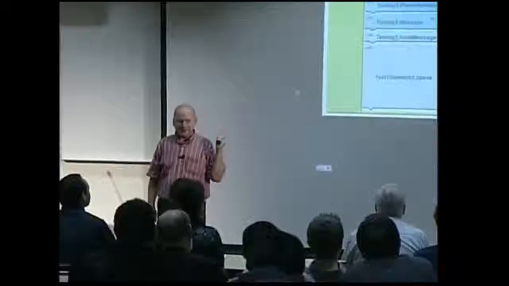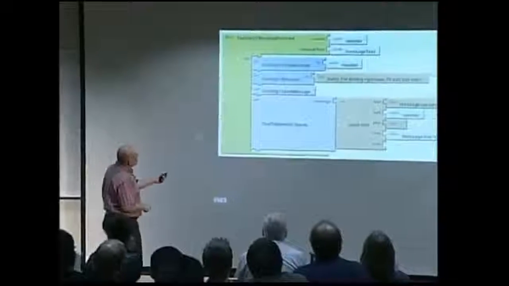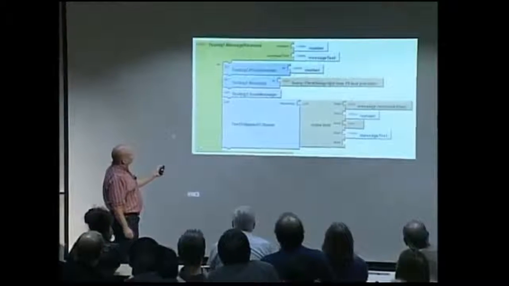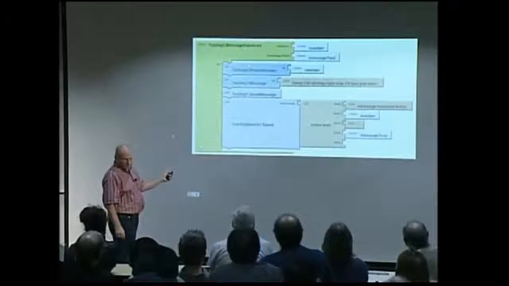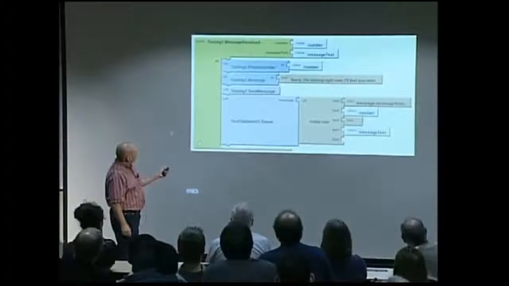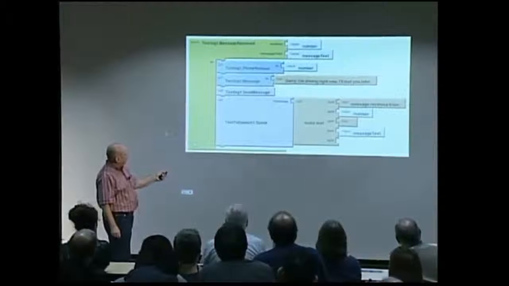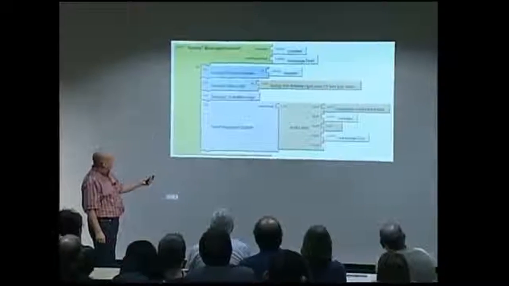Let me read it for you. That says, when I get a text message from some number that says something, I say to the thing on my phone that sends text messages, send a text message back to that number.